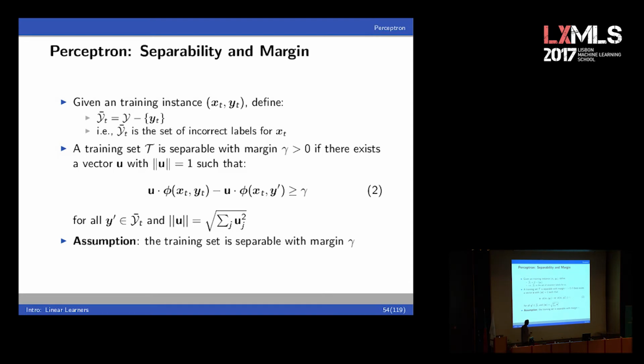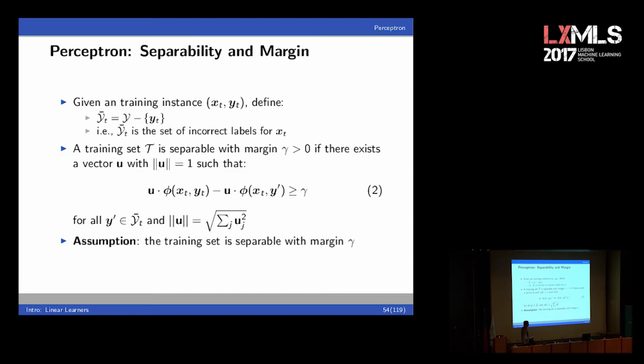Okay, so the proof for the perceptron algorithm is based on this definition of separability and margin. Separability means we have to assume something, so this is when the proof works, the simplest version of the proof. You can give a proof for other versions as well, but the proof I show now is if you have training data that are separable with a margin greater than 0.